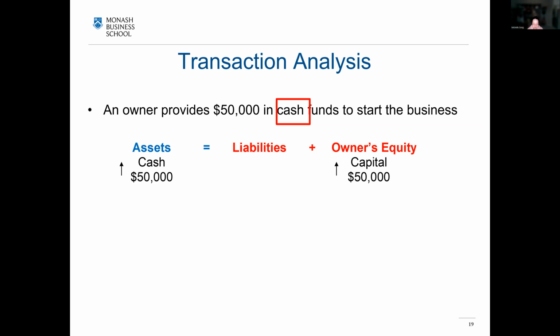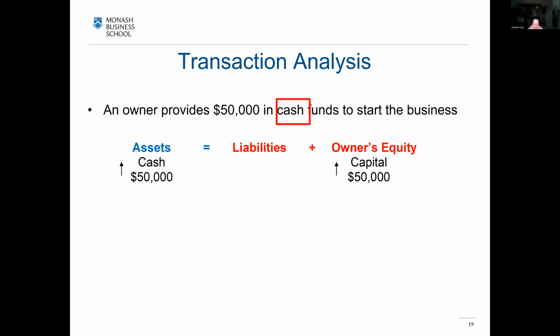Now, please note this is not a personal transaction, because the transaction does not just involve the owner; the business is also affected. So this transaction affects both the owner and the business. This is a business transaction, not a personal transaction. The business is affected because the business received 50,000. So far, we have identified two accounts here, cash and capital.